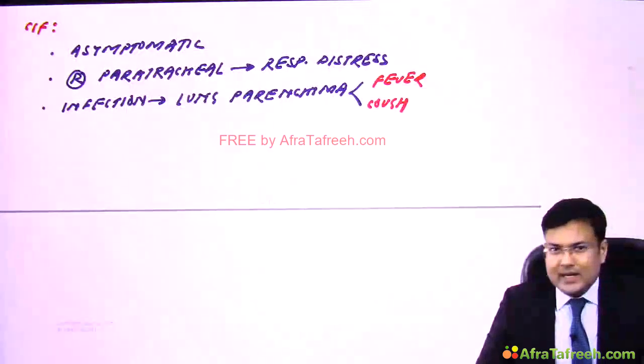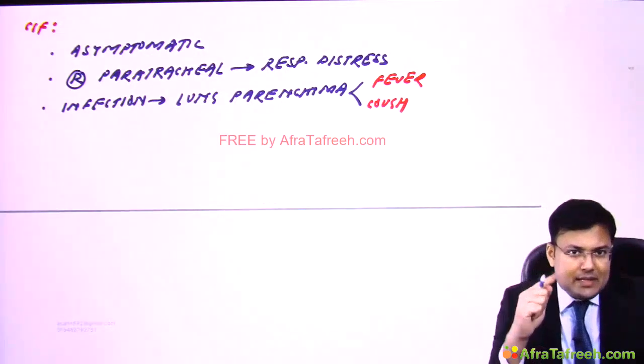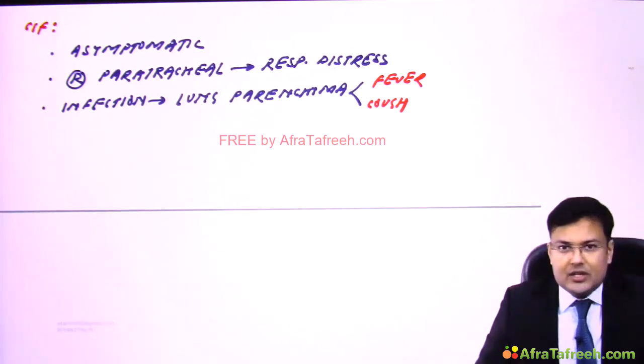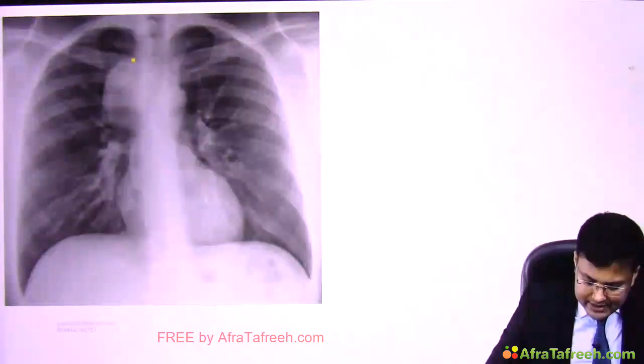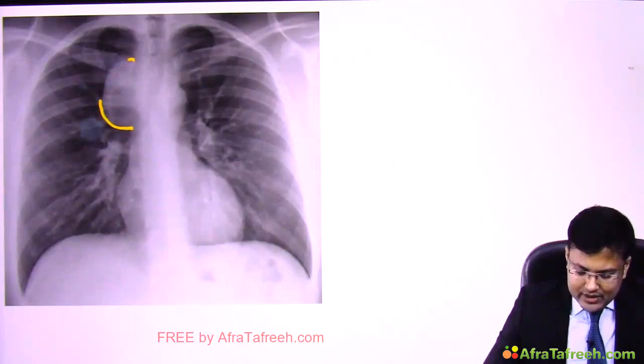Now how are we going to make the diagnosis? If we go for chest x-ray, you will notice that there is presence of dense mass. But for better anatomical delineation, we go for CT or MRI. How does it look on chest x-ray? Here you can see this is the right paratracheal bronchogenic cyst, and can you see the appearance?